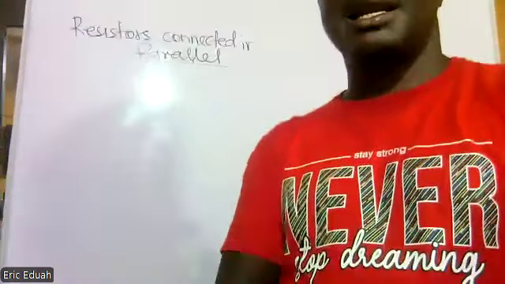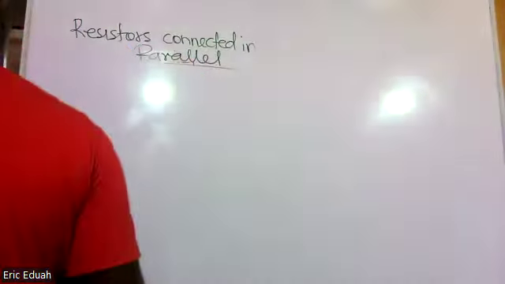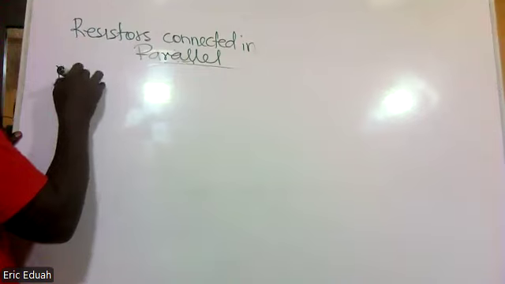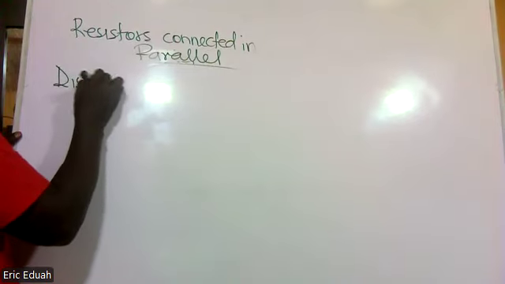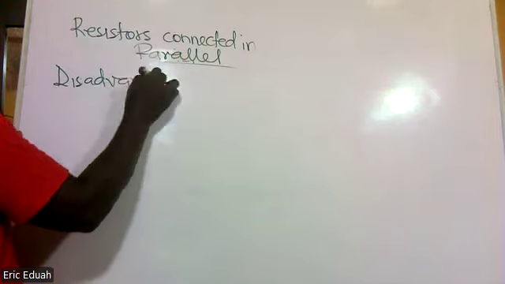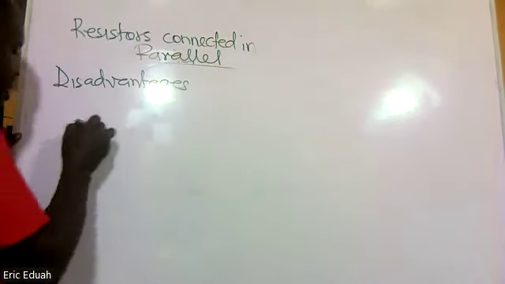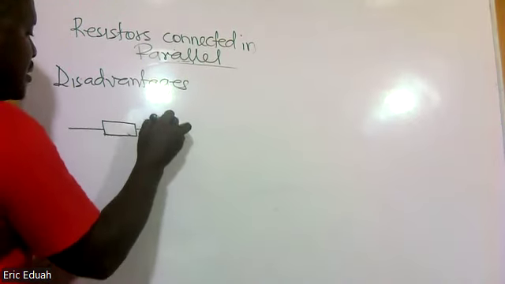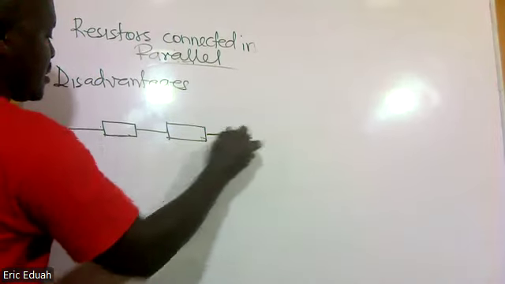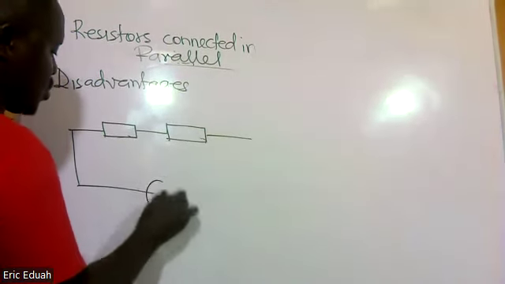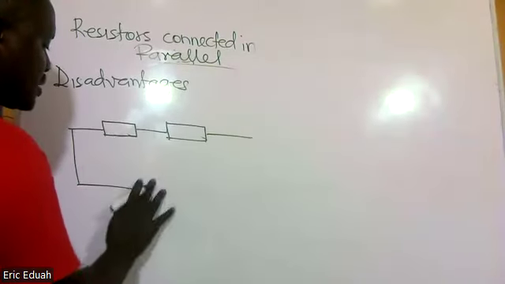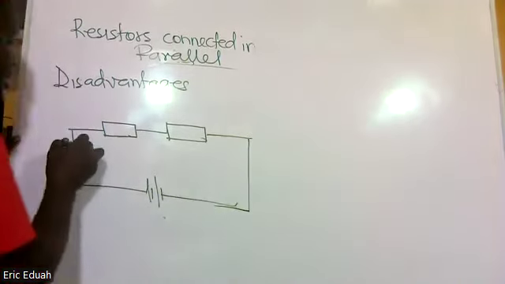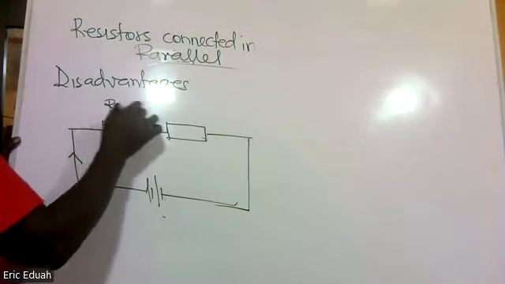Okay. But then its disadvantage is that, you see, we have two resistors connected in series. They are all connected to the source EMF. And so we have equal currents flowing through R1, R2.